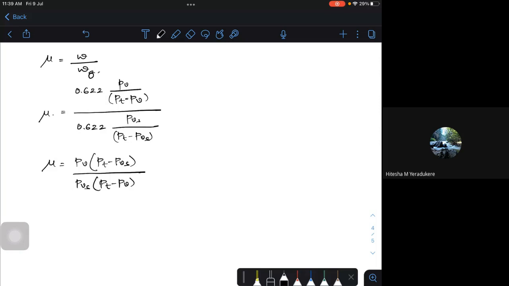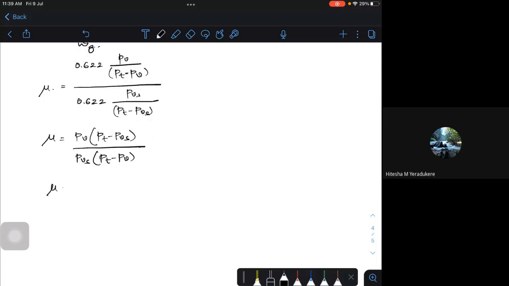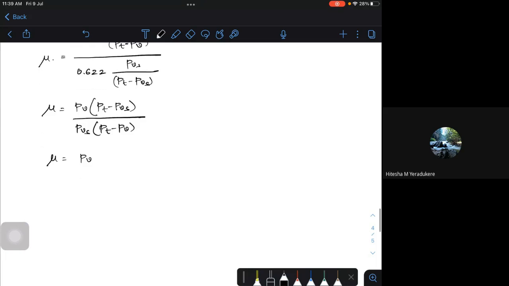What I will do actually, I can take PV outside in the numerator. So mu is equal to PV by PVS. If I take PT outside, PT also will just cancel out. Same equation, just simplification, that's it. If I take PT outside, this will become 1 minus PVS by PT, whole thing divided by PVS into, taking PT outside, 1 minus PV by PT.